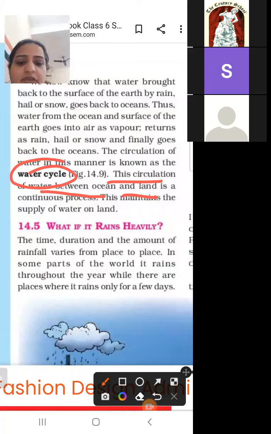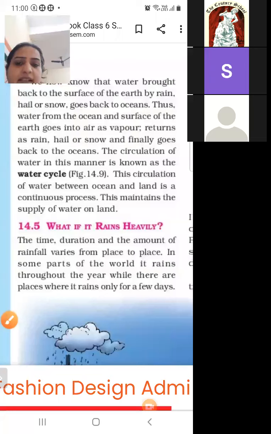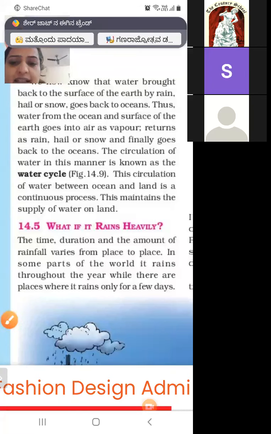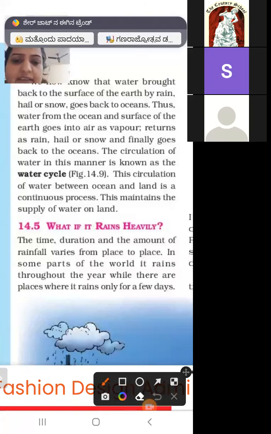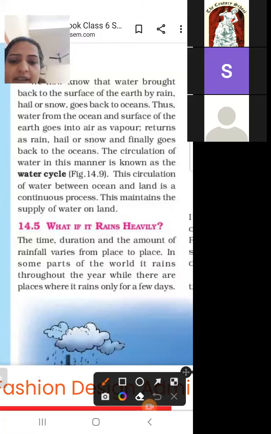So next topic is, what if it rains heavily? Suppose किसी एरिया में बहुत ज्यादा बारिश होती है, तो what will happen? The time, duration and the amount of rainfall vary from place to place. As we know, in India there are some places in which it rains heavily, and in some areas there is a shortage of rain.